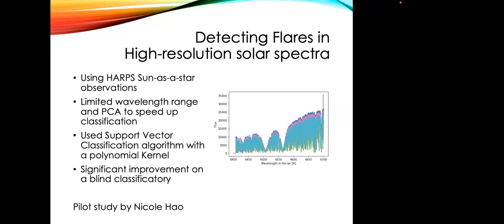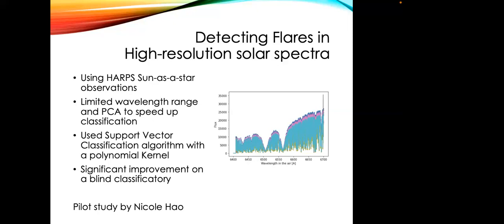These HARPS Sun-as-a-Star observations are taken for about 5 minutes each, comparable to the time scales for transmission spectroscopy. This is an undergrad summer project, so we limited the wavelength range and used PCA to speed up the classification.